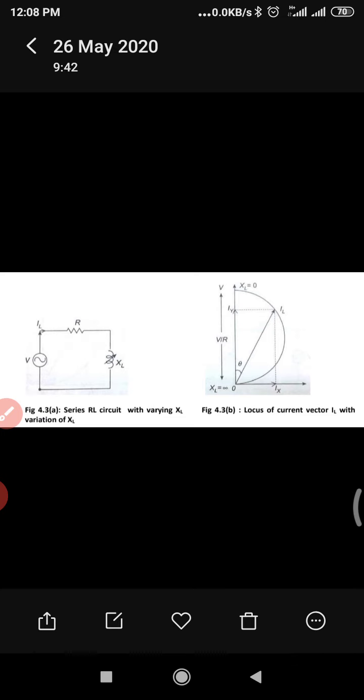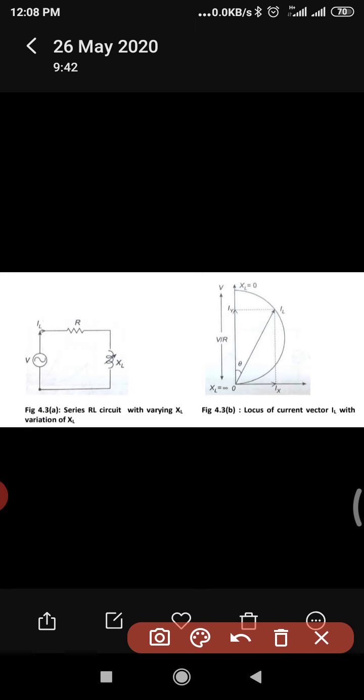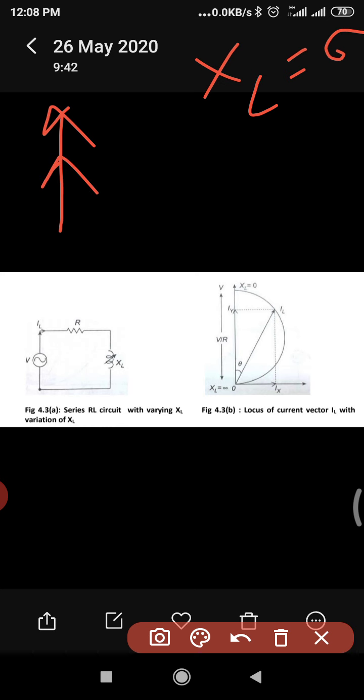With variable XL, let us see if XL is equal to 0, what happens to the phasor diagram? If you consider the voltage like this, the current is also in phase. Okay, this is the voltage waveform and this is the current waveform, both are in phase. Next, if you increase the reactive value a little bit, then the current goes out of phase.